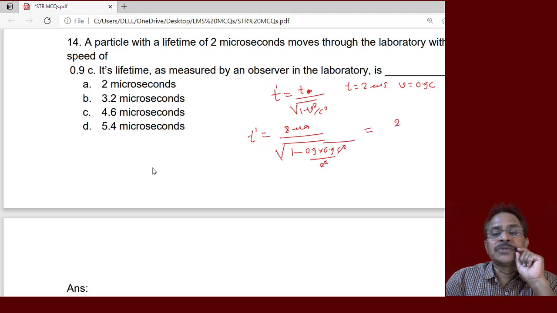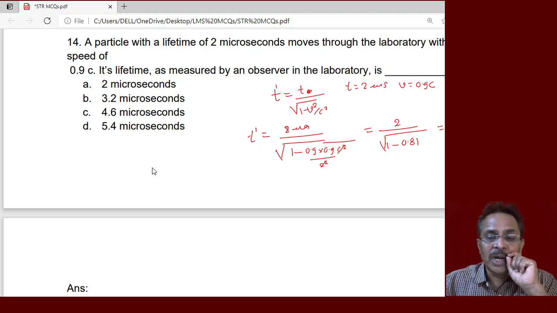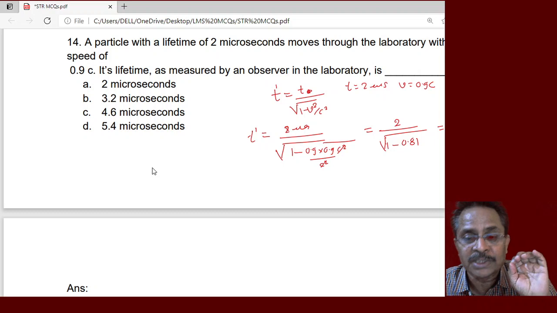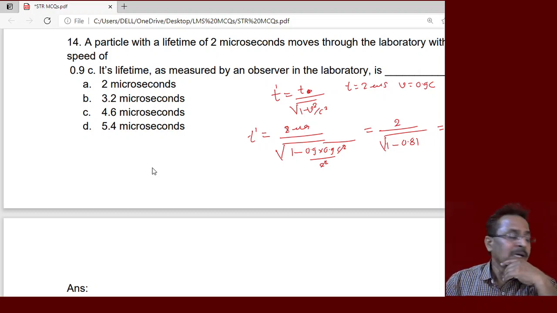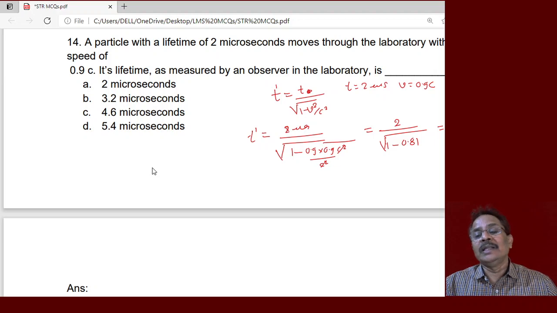You get 2 upon square root of 1 minus 0.9 into 0.9, which is 0.81. And 1 minus 0.81, just go for this calculation, 1.00 minus 0.81, you will get 0.19, so it is 2 upon the square root of 0.19. So what is the square root of 0.19?